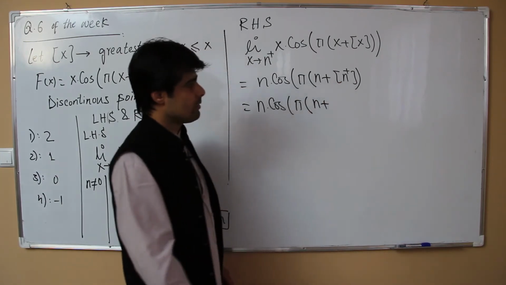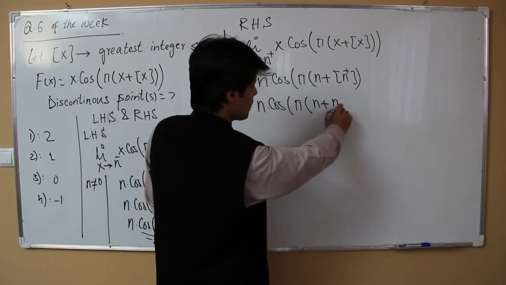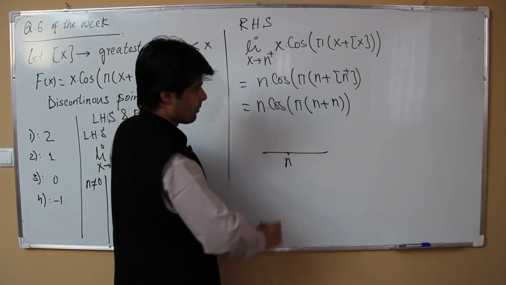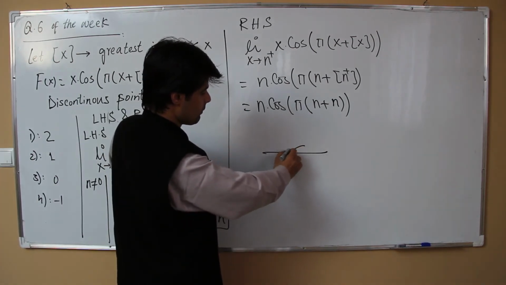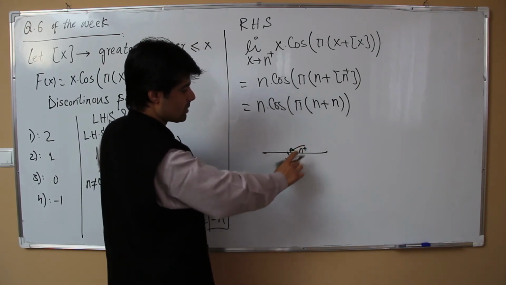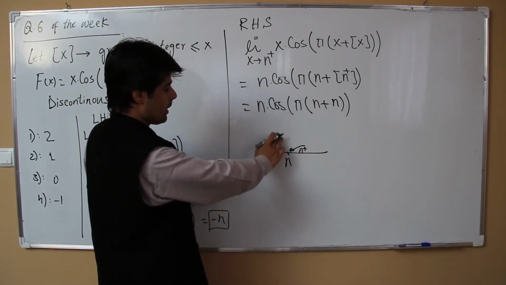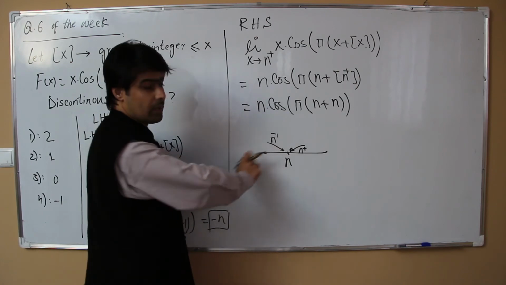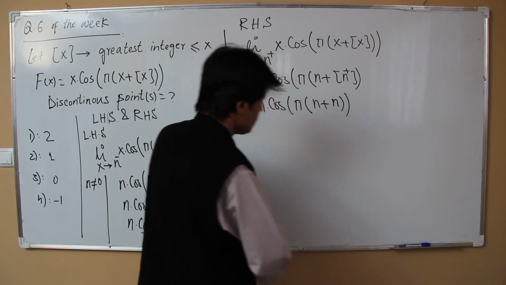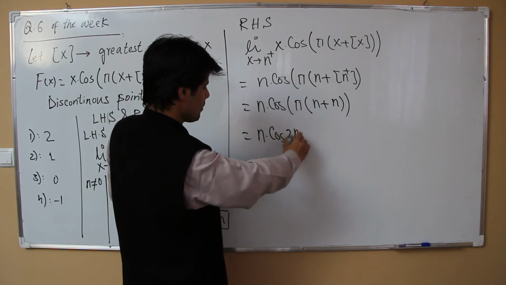Since n plus is greater than n, the integer function is n. The integer function for n minus is n minus 1. Am I right or not? Yes. So we have n cosine of 2n pi.